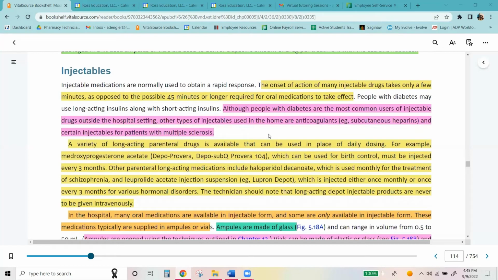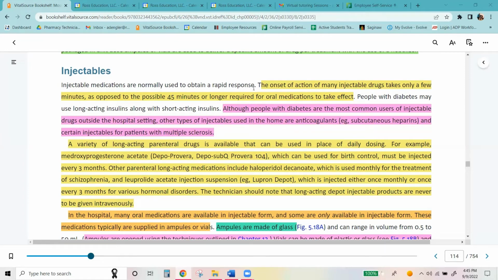Now, a variety of long-acting parenteral drugs are available that can be used in place of daily dosing. For example, the medication medroxyprogesterone acetate, which is Depo-Provera, Depo Sub-Q, and Provera 104. Those are the birth control injections. These are injected every 3 months.